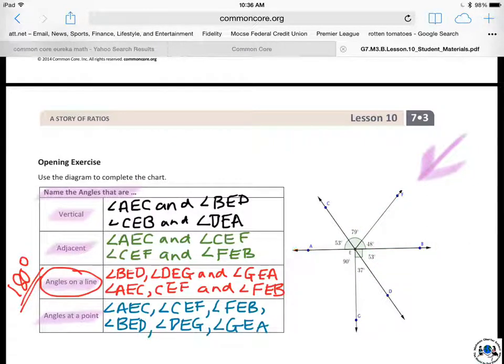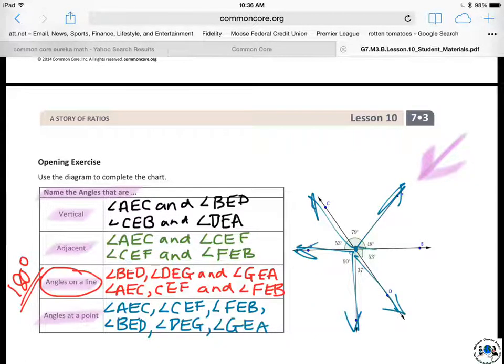Again, angles at a point, a very special relationship. Three or more rays coming off of a common point, and in this case this common point is going to be E, because all of these rays are coming off of E, as you see right there.